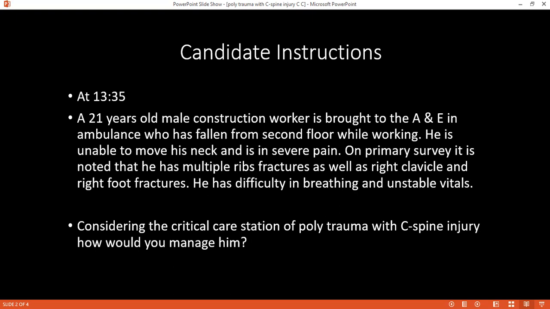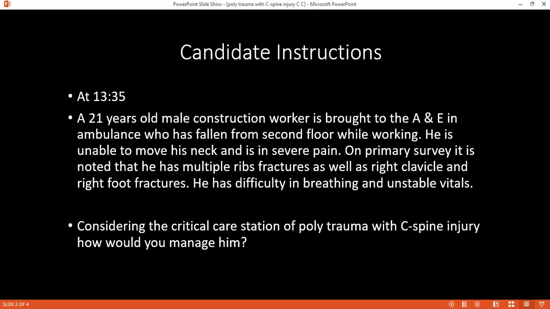Common complications are reaction to WBC, manifested as febrile reactions, or if there is any mismatch of blood group, then maybe a transfusion reaction.